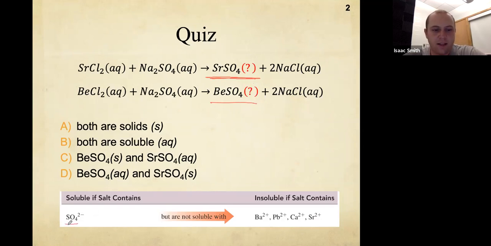Sulfate is soluble unless it's paired with barium 2+, lead 2+, calcium 2+, or strontium 2+. In this example, we have strontium 2+ with sulfate, so this one would be insoluble, so that's a solid. And then beryllium sulfate would be aqueous because beryllium is not one of the exceptions there. So D should be the answer.